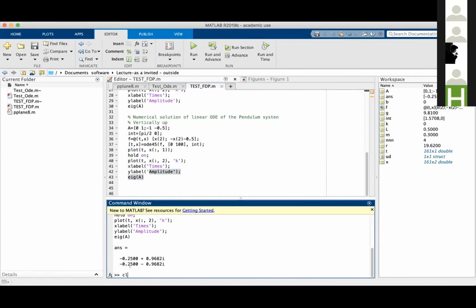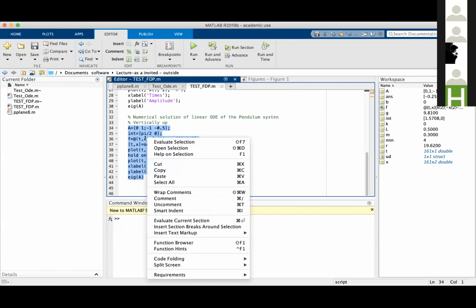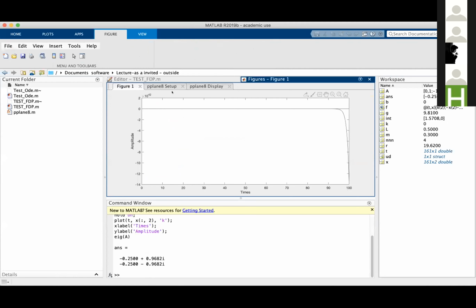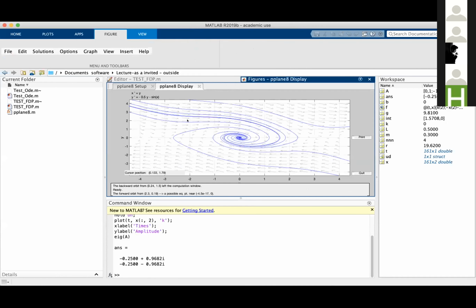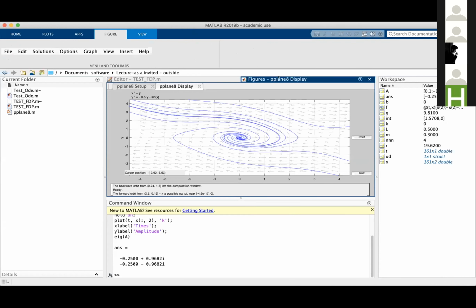Anyway, the eigenvalues are negative, but my system response is not changing.